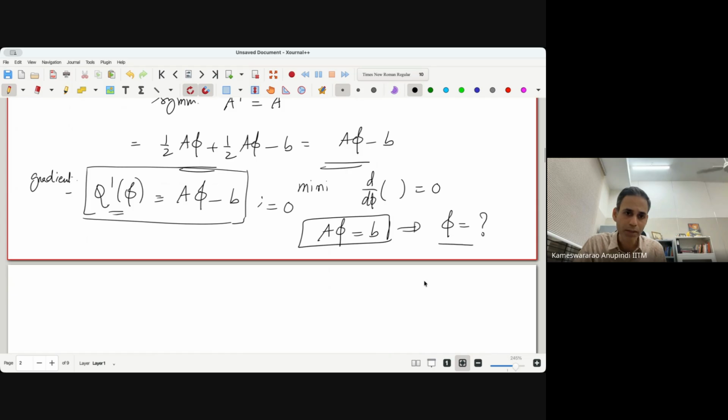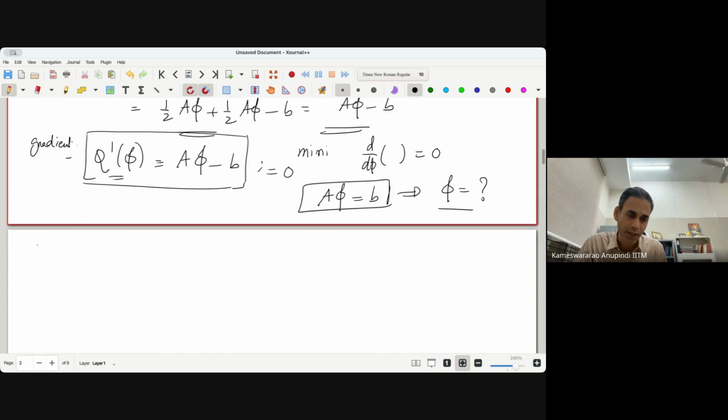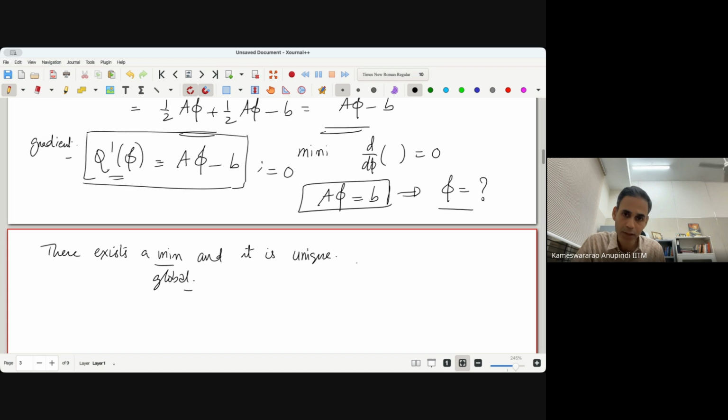Now we have used the fact that this is a symmetric matrix. But then what is the guarantee that there exists a minimum, that there exists a global minimum and it is unique?